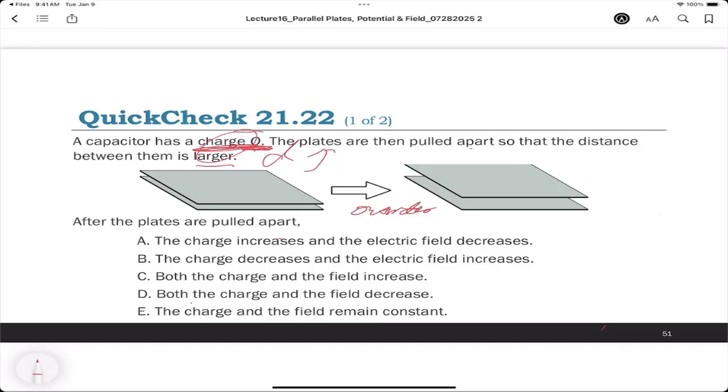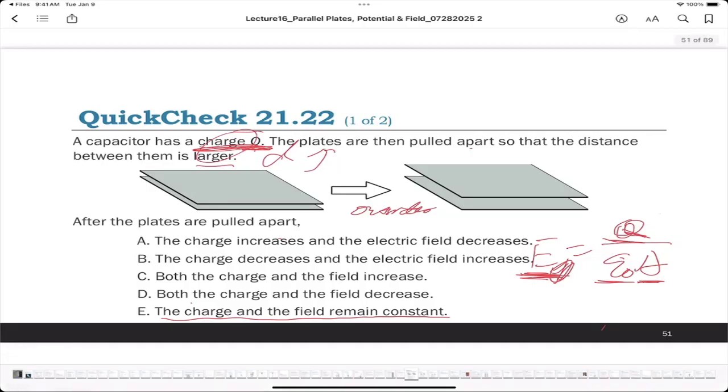So we have this equation, E equals Q over something. Because the charge stays the same, this is not changed, so the electric field also stays the same. Which means the charge and the field remain constant. That makes sense to you. But what is changed here?